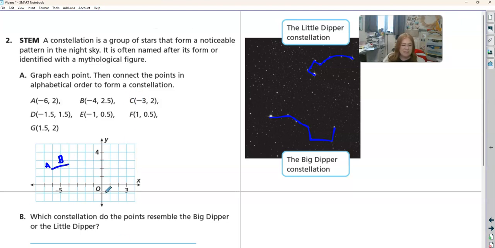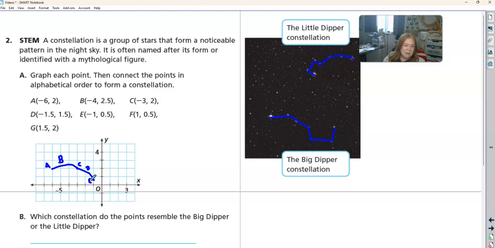Now C is -3, +2. So now we're going here, and then we're going to connect down. Now we have D: -1.5 over, up +1.5. It's right in the middle of that square. There's C, there's D. E is -1, and then up 1/2 right there.